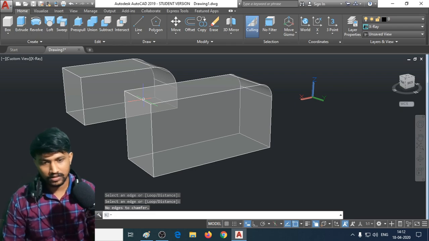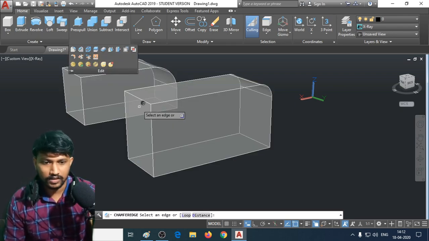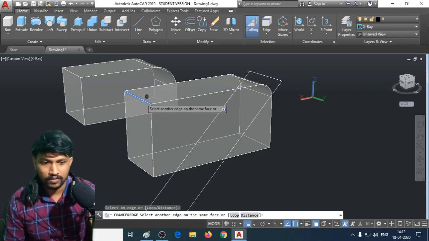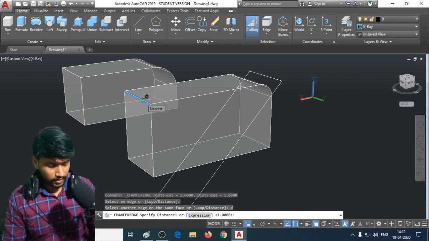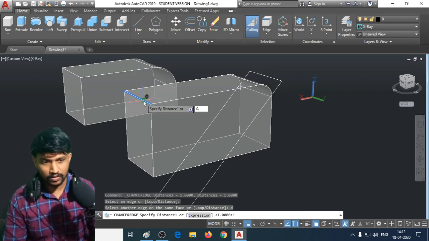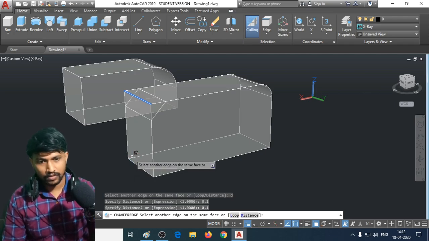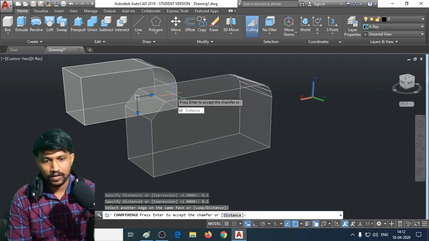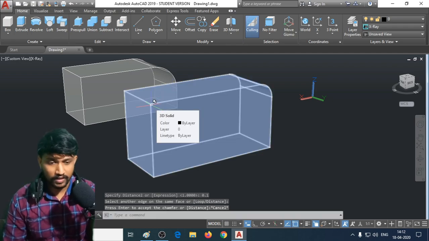So let us take a dimension of, just not selected. Yeah, let's take a dimension of say 0.1, 0.2, 0.1 is fine, and on the other side also 0.1. Okay, and then press enter. Oops, sorry, I have to press that twice.